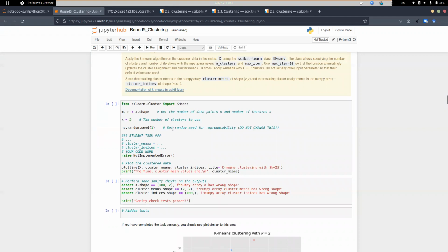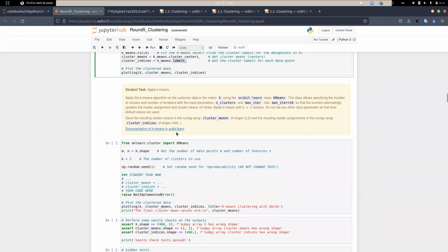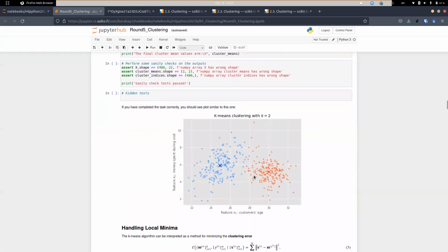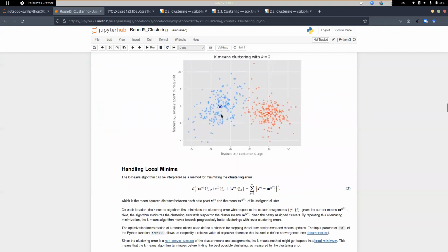Then the task here is to apply k-means yourself, and you should get something like this. These are the centroids that you should see, and it's like there is an invisible line that separates the two clusters from each other.